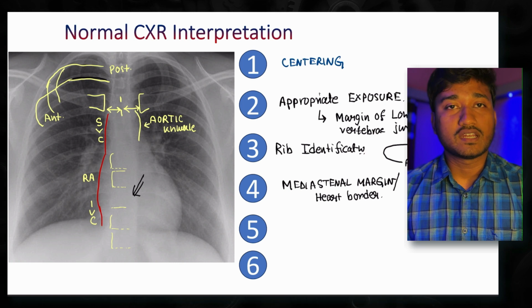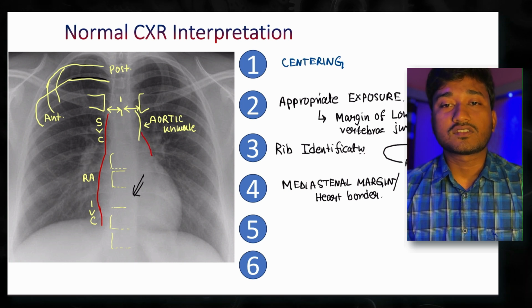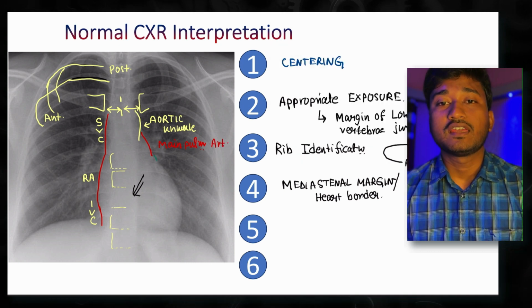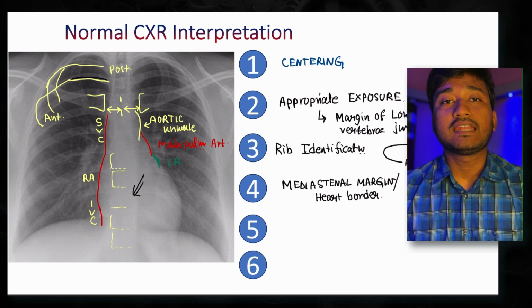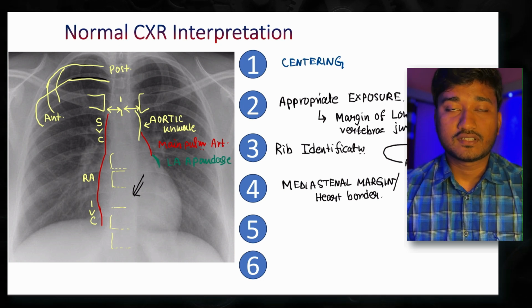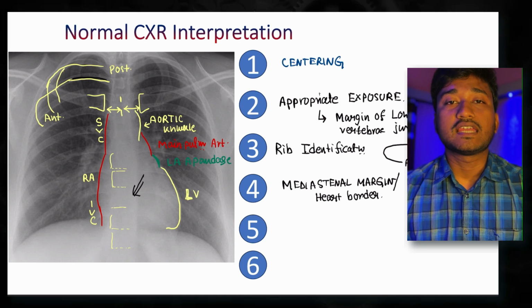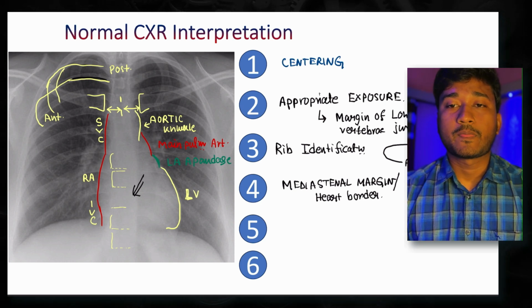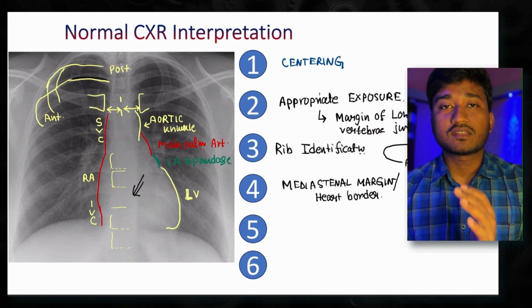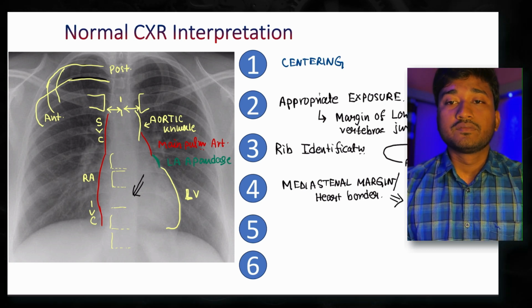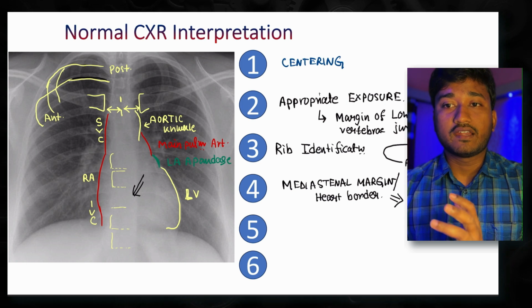Okay, this is the aortic knuckle, and this is called your main pulmonary trunk or main pulmonary artery. Okay, now the green one here is the LA appendage or the left atrial appendage, and this yellow portion is the LV, that is the left ventricle. So these borders are very important in understanding different pathologies. From here you can have an idea about the silhouette.